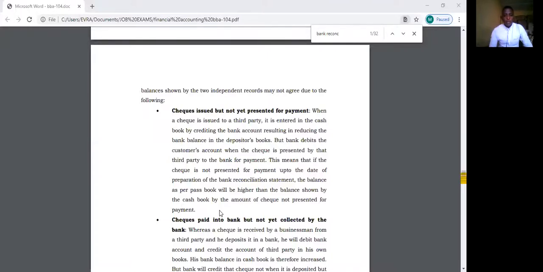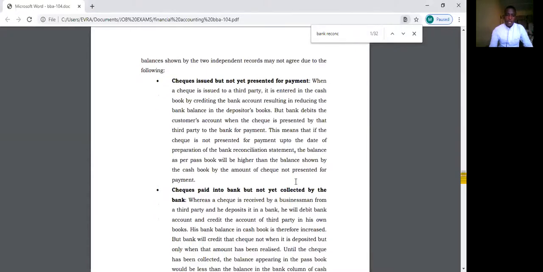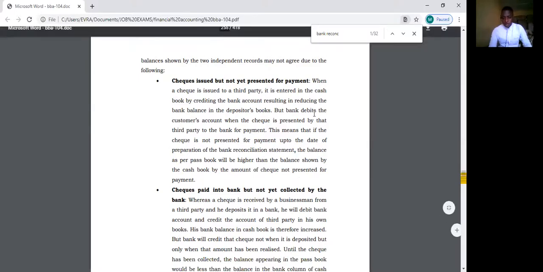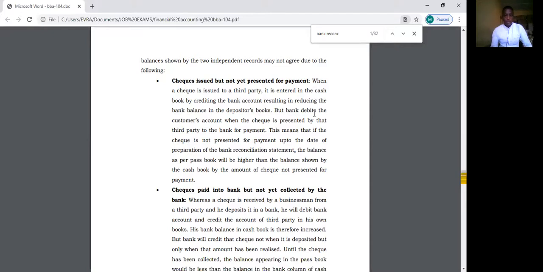The second cause of that difference will be a check paid into the bank but not yet collected by the bank. Here, the check is paid into the bank but not yet collected by the bank. It means the bank has not collected the amount of money that some debtors paid to me.